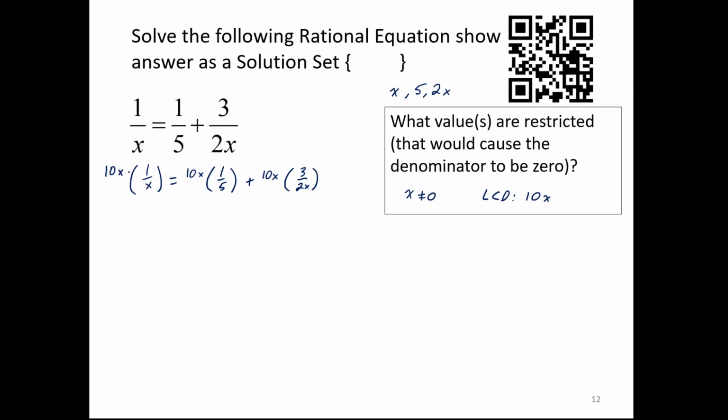So 10x divided by the denominator x will be 10. So the left-hand side becomes 10 times 1. That is the numerator.